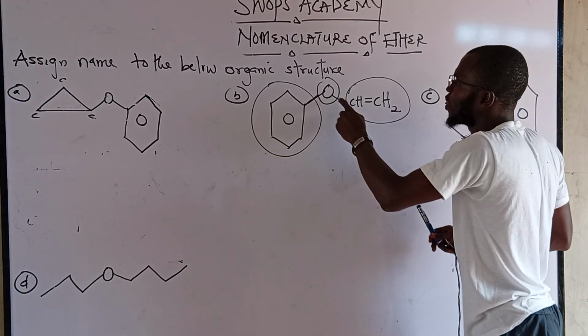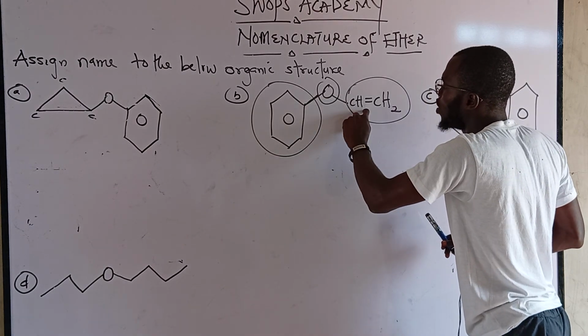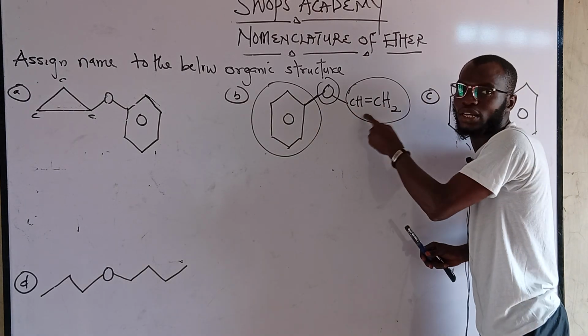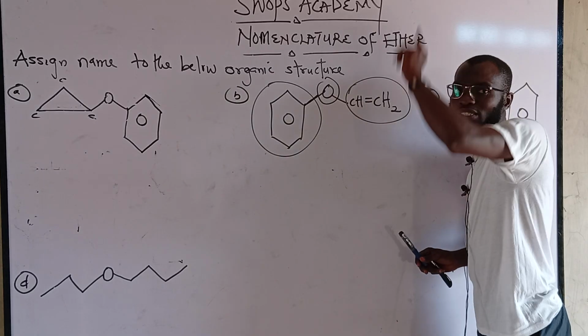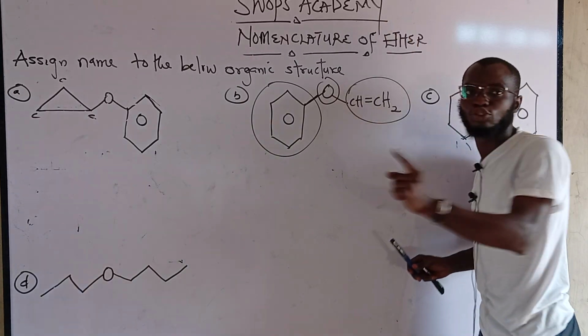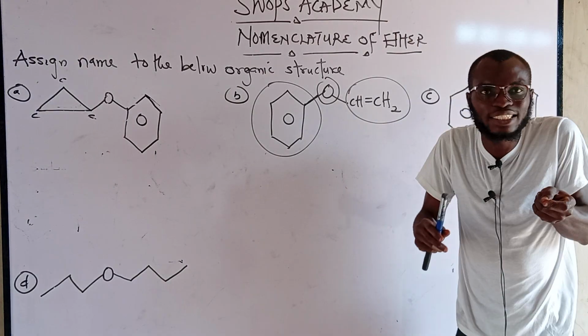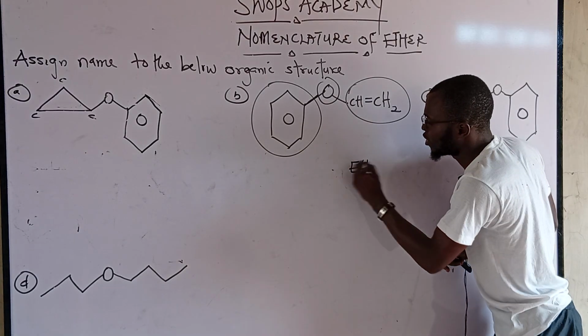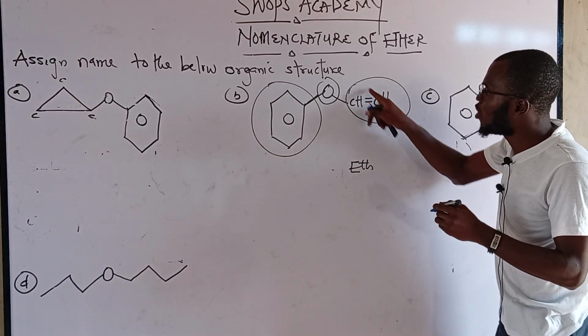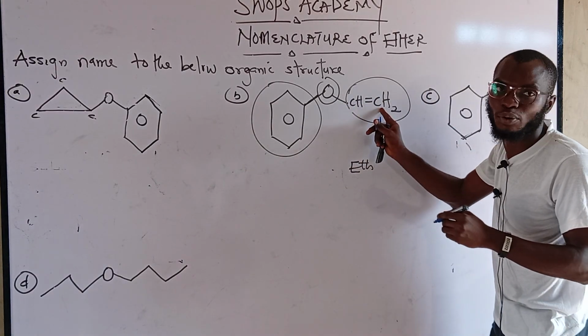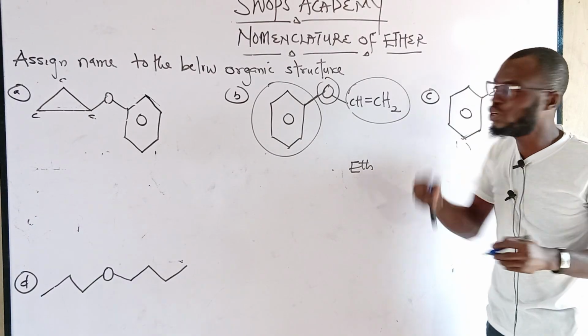So now, this one, how many carbons are here? This is from an aliphatic hydrocarbon. There are 2 carbons, and when it is 2, it is eth. Then check what bond is bonding this carbon to carbon. What is the bond? A double bond.